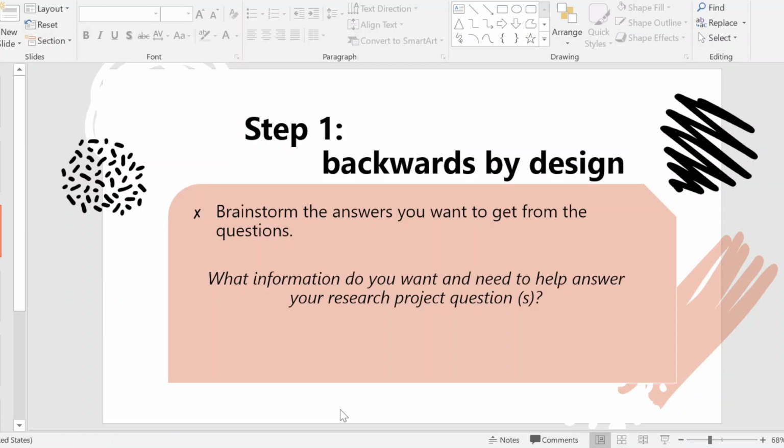These are yes or no questions, or multiple choice. By adding those in, that's where you are going to get those quantitative types of data from.